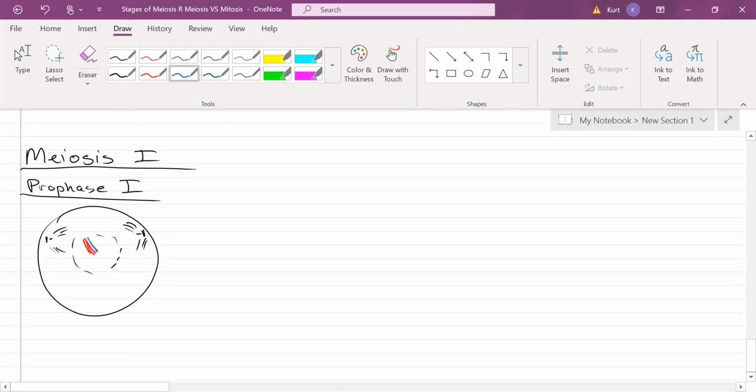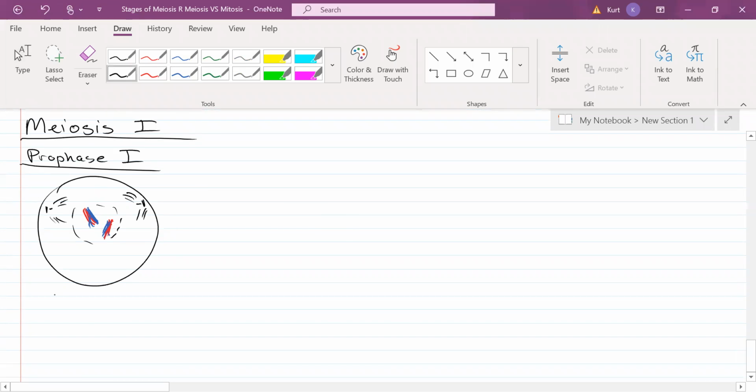And the DNA is going through crossing over. They're exchanging all their information. So in this one, synapsis and crossing over occurs. Okay.